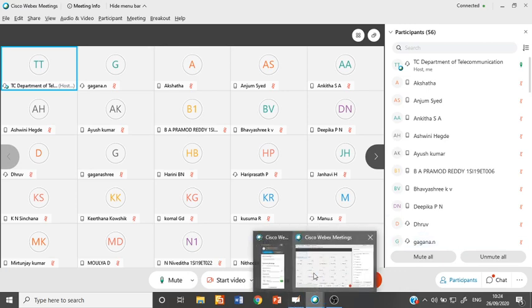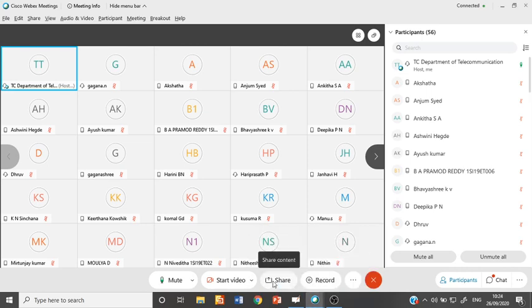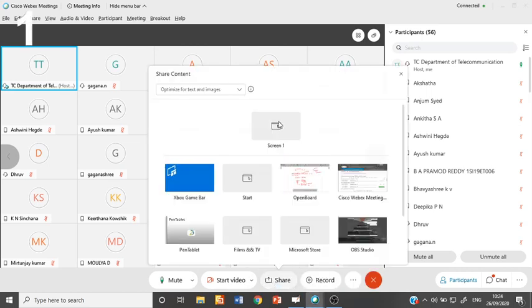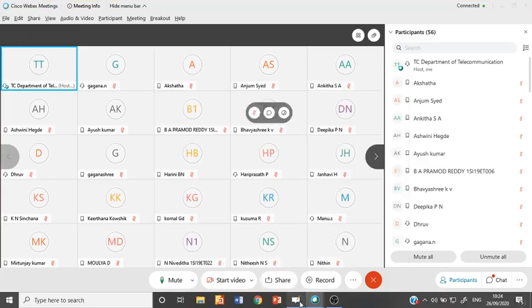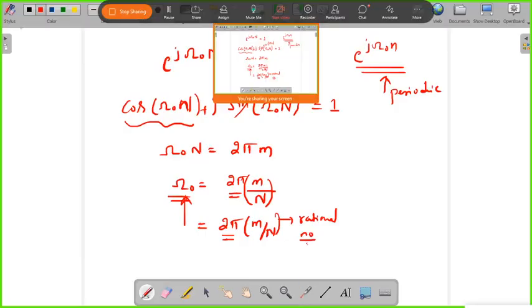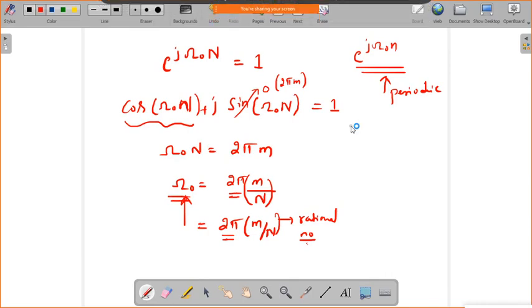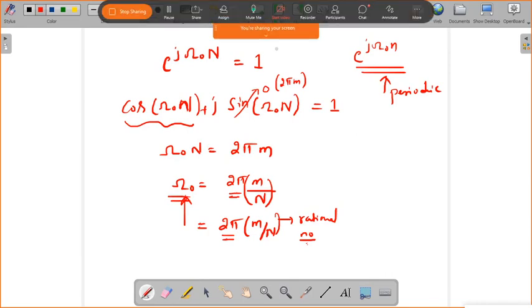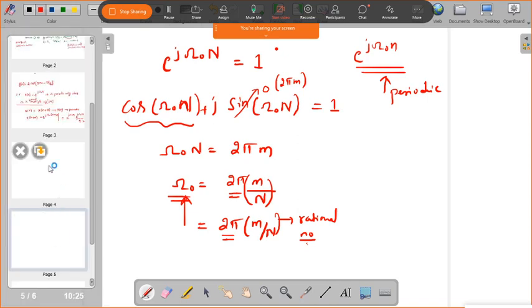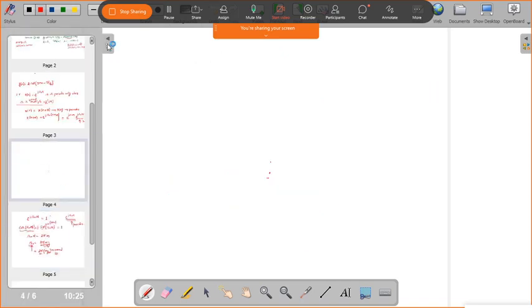Based on this whatever we derived now. So now we'll go to the next one.